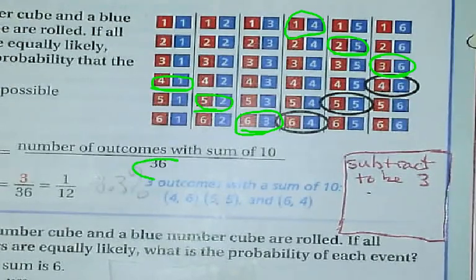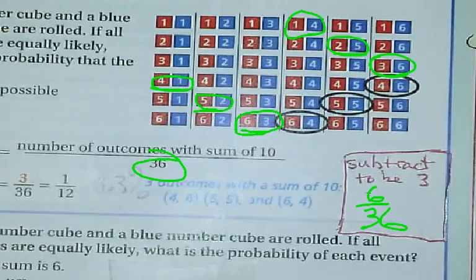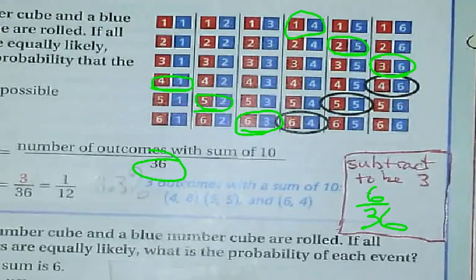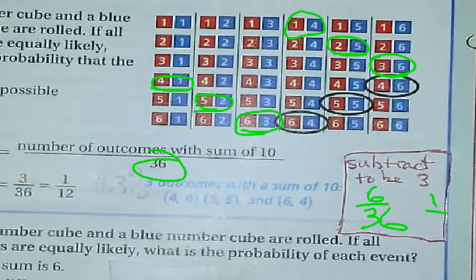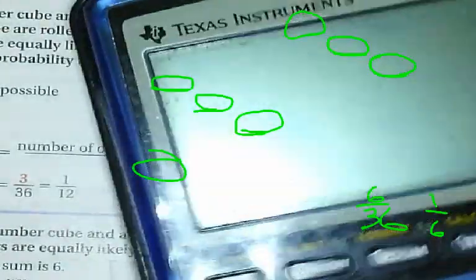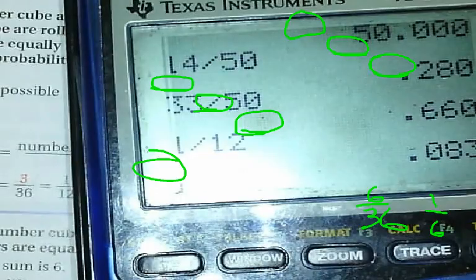So remember that there's 36 possibilities. When I roll my dice, there's 36 ways it could land, and only 6 of those ways is what I want to have happen. I want it to subtract to be 3, right? So that means that's 1 chance out of 6 if I reduce that fraction. And I think we figured that out just a minute ago. 1 divided by 6, or 6 divided by 36.